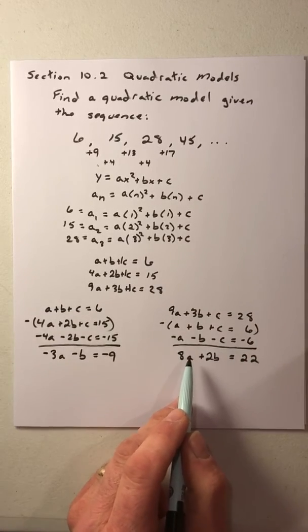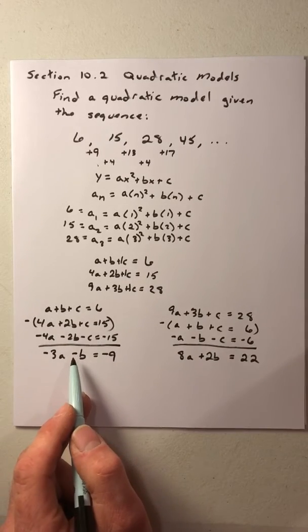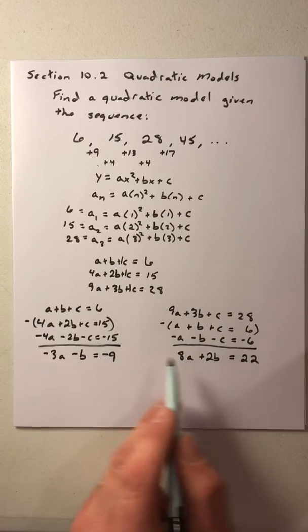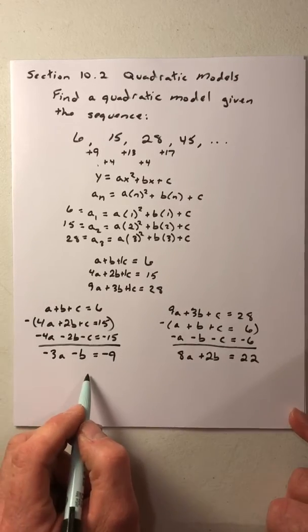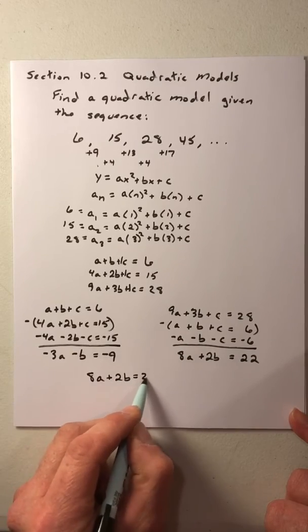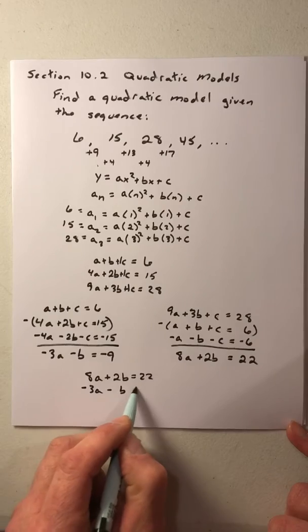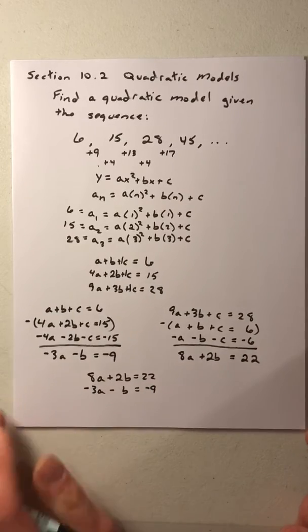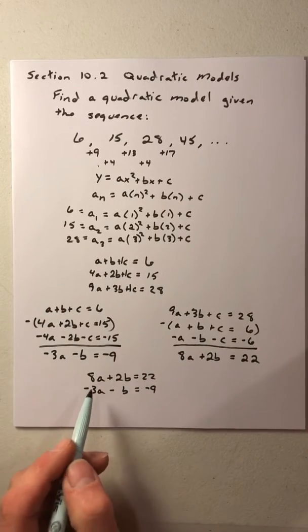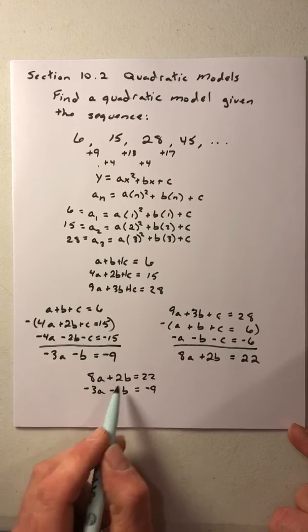Now I have another equation with two variables, a and b. Over here I had a and b left. Here I have a and b left. So now I have 8a plus 2b equals 22. And I have negative 3a minus b equals negative 9. I have a system of equations, two variables, two equations. I can go ahead and solve.